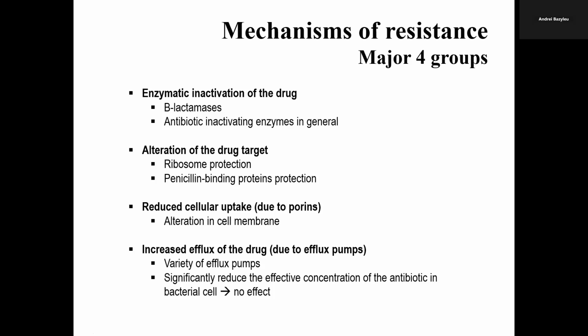Bacteria protects itself by essentially shutting down the doors for the antibiotic to come in, right? So they just change something about their cell structure. We'll talk about it later. So some alterations in the cell membrane happen, and because of those changes, the antibiotic loses its ability to enter into the cell.